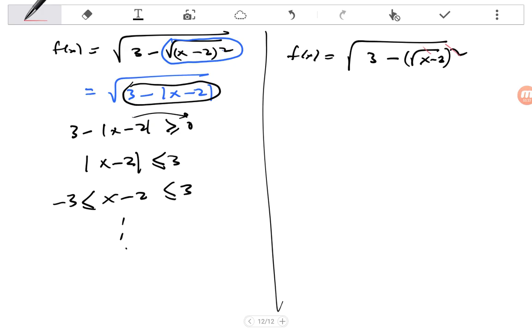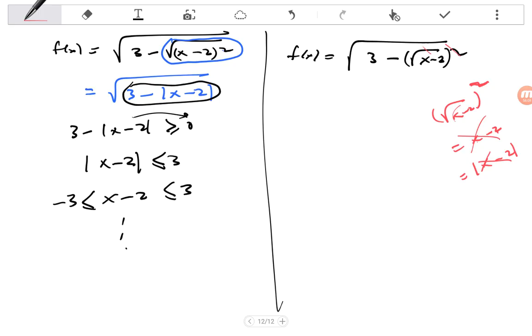Would I cancel the root with the square or not? Is the root of x minus 2 all squared equal to x minus 2, or is it equal to absolute value of x minus 2? It is x minus 2, but it is restricted to some domain. So when finding the domain, I cannot say it is simply this or this.